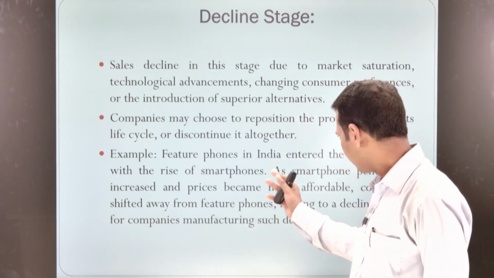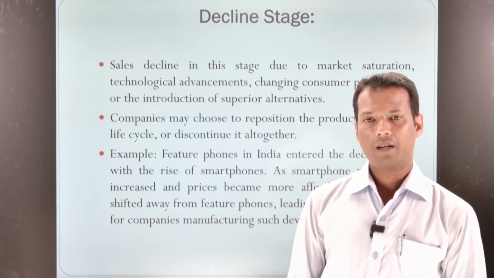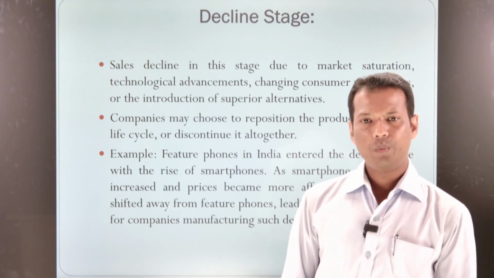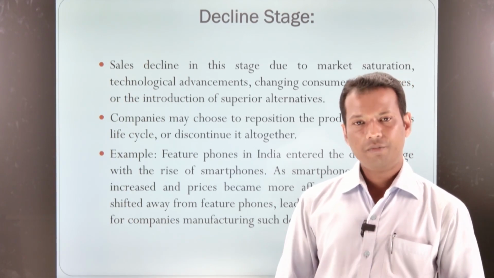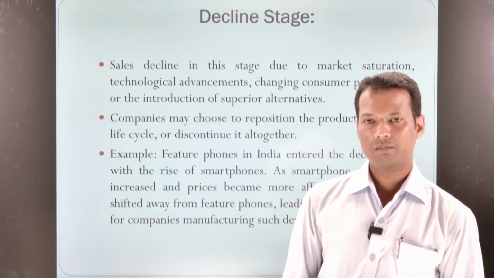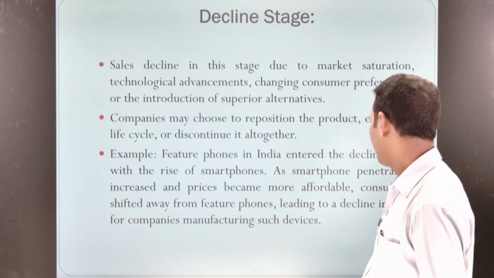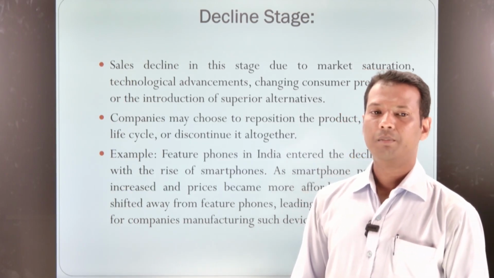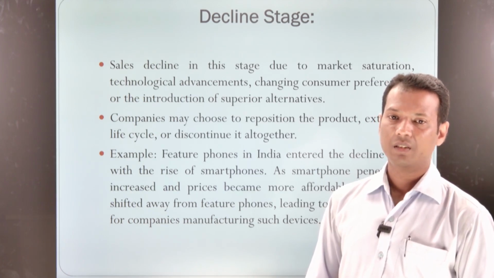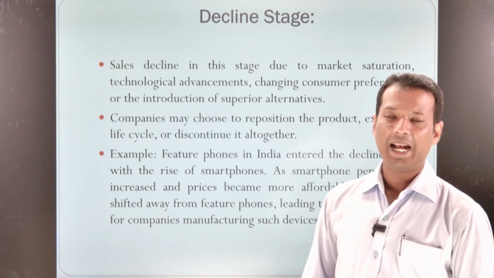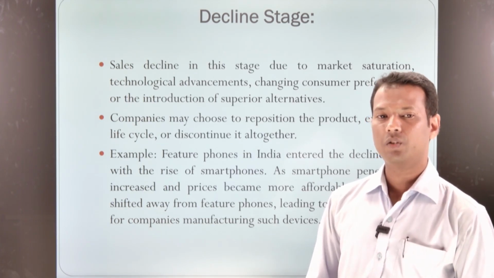For example, feature phones. Earlier we used to have feature phones in India. Right now we are having smartphones. So with the advent of smartphones, the feature phones could not meet the demands of the consumers, because the market penetration of smartphones increased, and the prices which used to be unaffordable became affordable among the consumers.